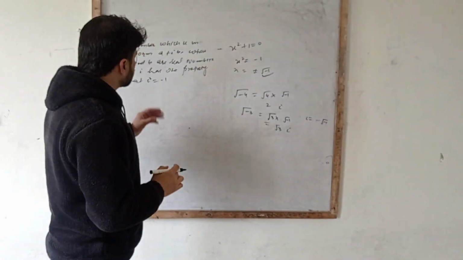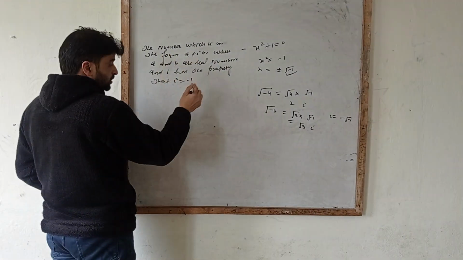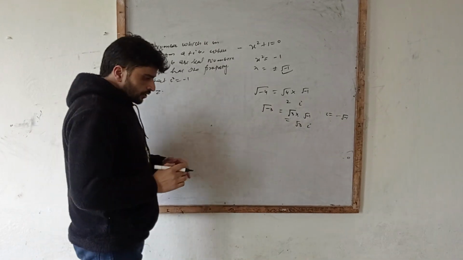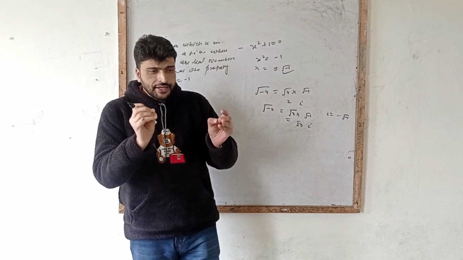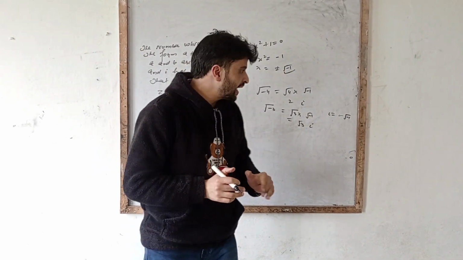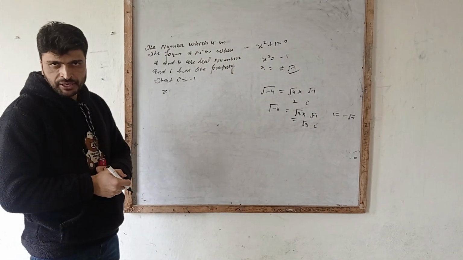So usually complex numbers are denoted by the letter z. Those numbers which are in the form of a plus ib, where a and b are real numbers and i has the property that i square equals minus 1.